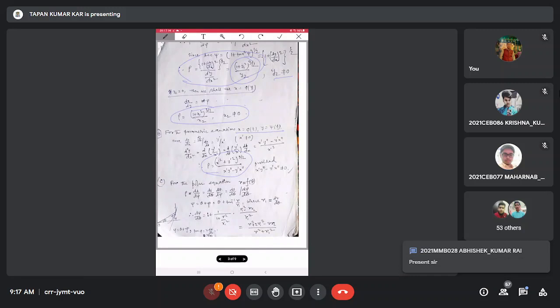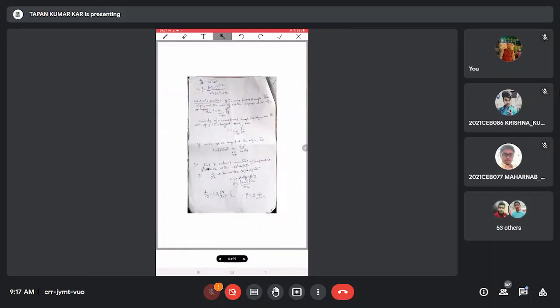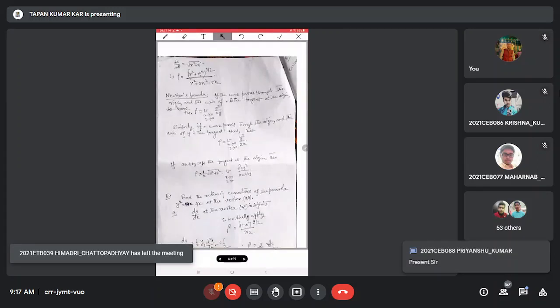But if you can remember this formula, then you can directly use it for the parametric equation. And for the polar case, this is the formula for the radius of curvature.